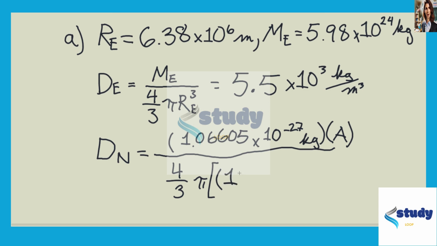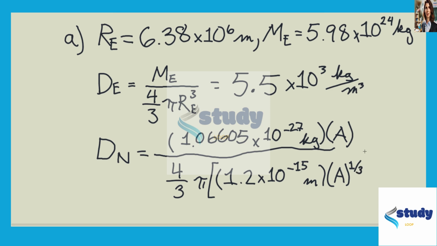So we have 1.2 times 10 to the negative 15th meters, multiplied by the atomic mass number cube rooted.